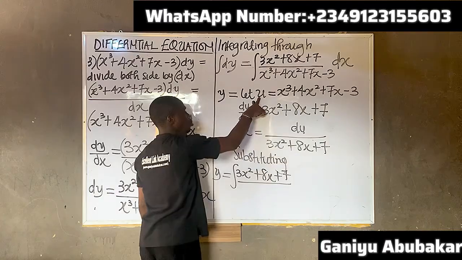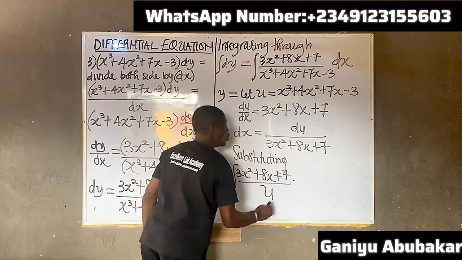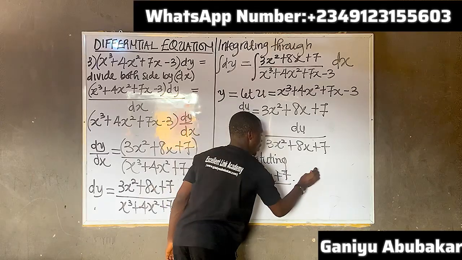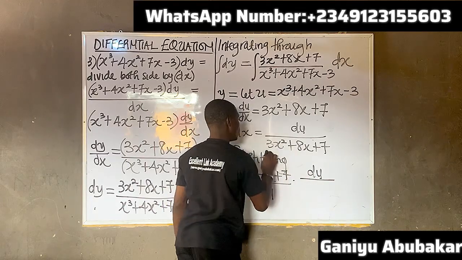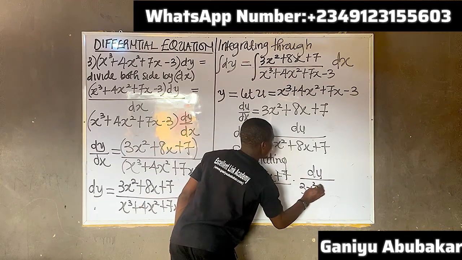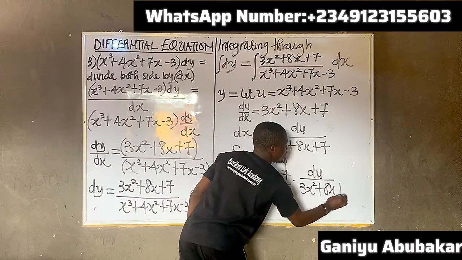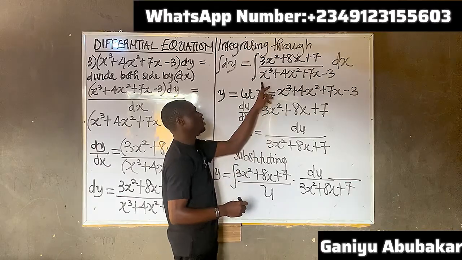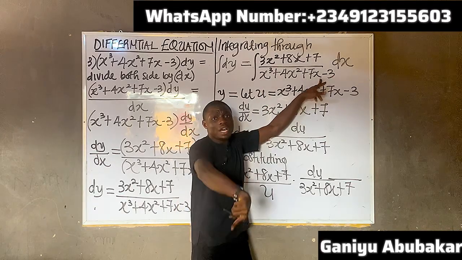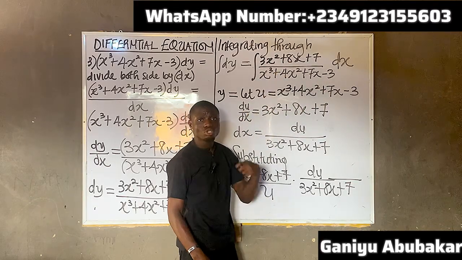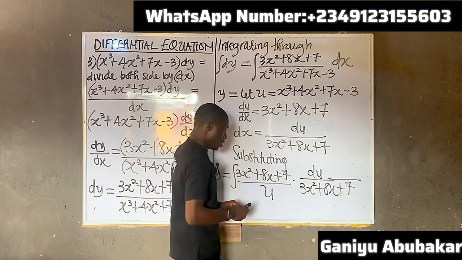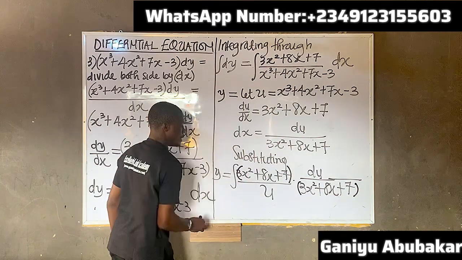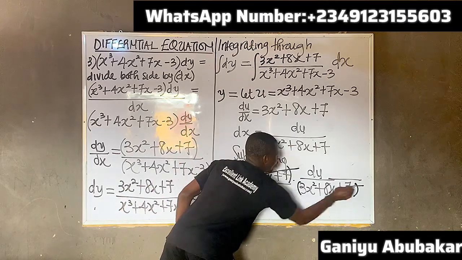We just said what is u, so put u here, and dx is du over this value, 3x squared plus 8x plus 7. So whenever you observe that if you differentiate what is down here and you get the numerator, please use the substitution method. Observe that this one here and this one here are the same. They will cancel out.